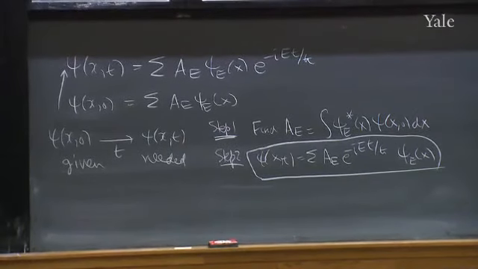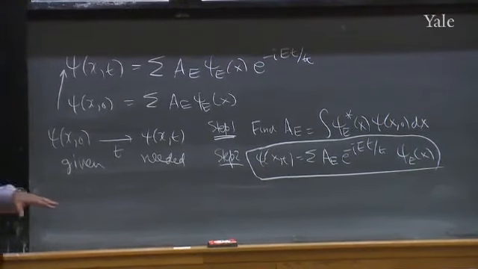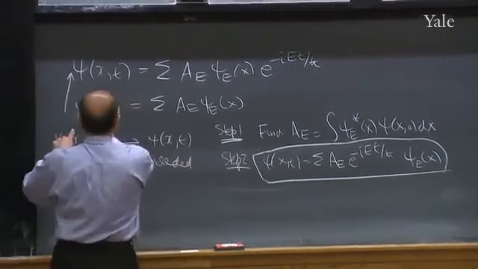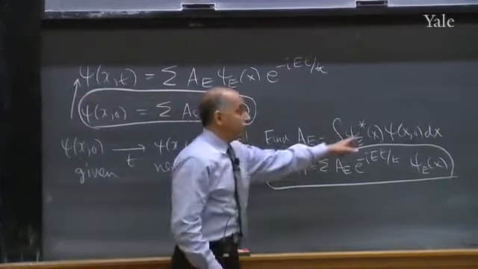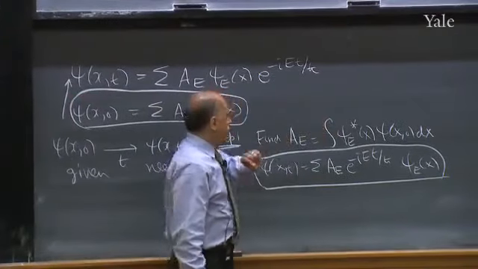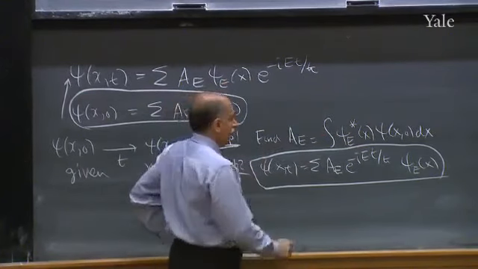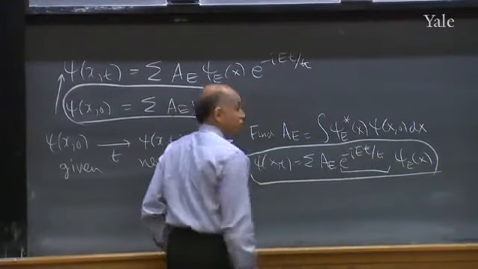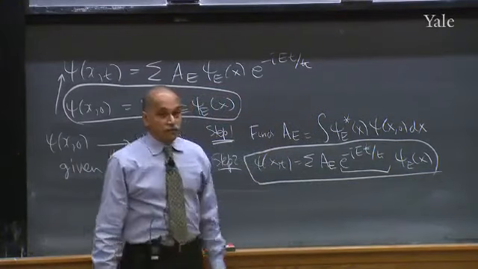Some wiggle goes into some other wiggle, that goes into some other wiggle as a function of time. But there is a basic simplicity underlying that evolution. The simplicity is the following. If at t equal to 0, you expand your psi as such a sum, where the coefficients are given by the standard rule, then as time goes away from t equal to 0, all you need to do is to multiply each coefficient by that particular term involving that particular energy. And that gives you the psi at later times.